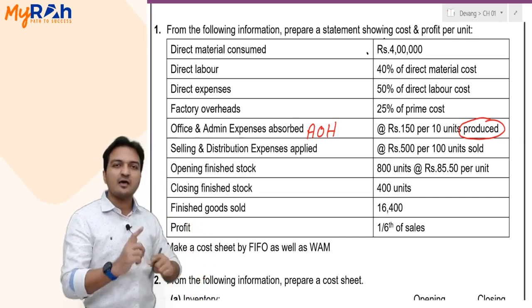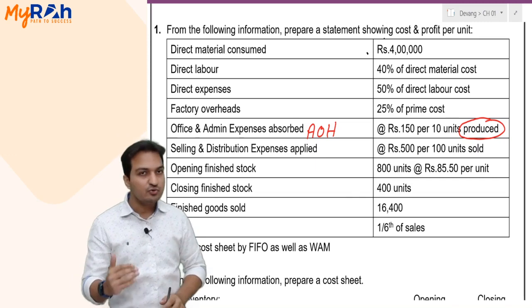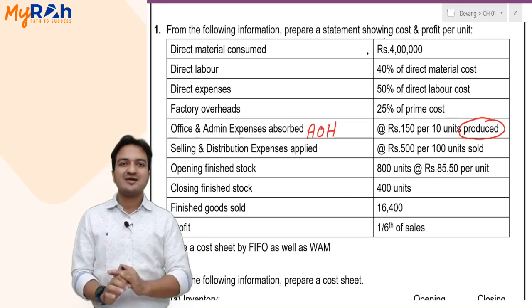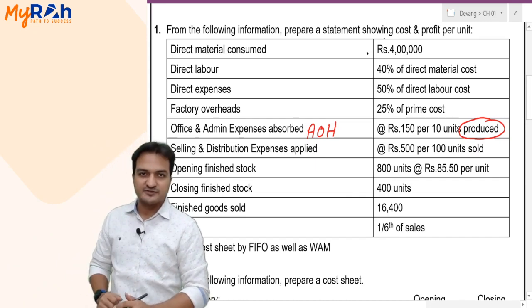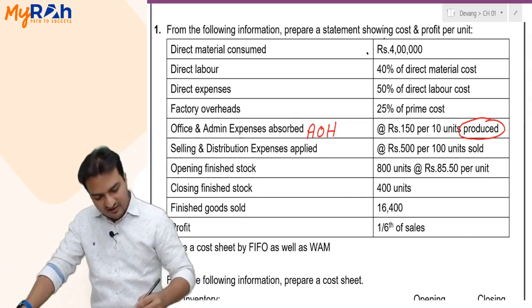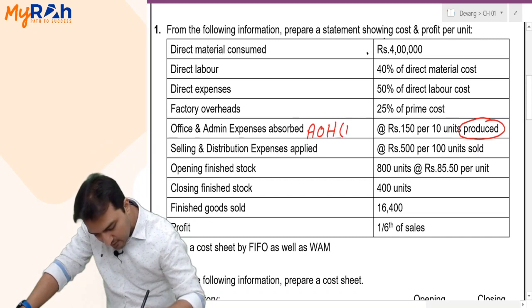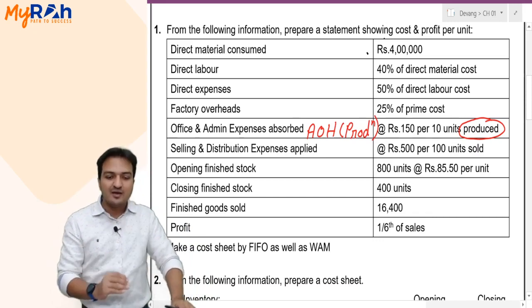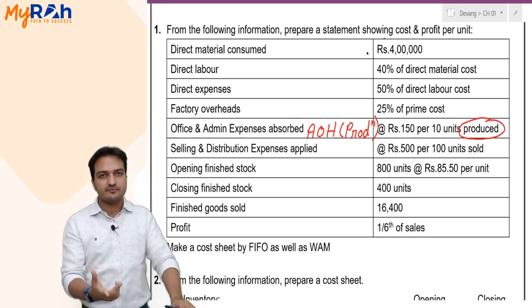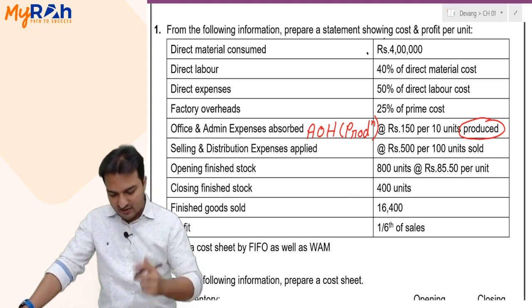Now this is an indirect hint given to you, telling you that admin overheads is based on production units. So in this question, admin overheads is not general admin, it is admin overheads based on production. Okay, so we'll put that in production admin overheads.